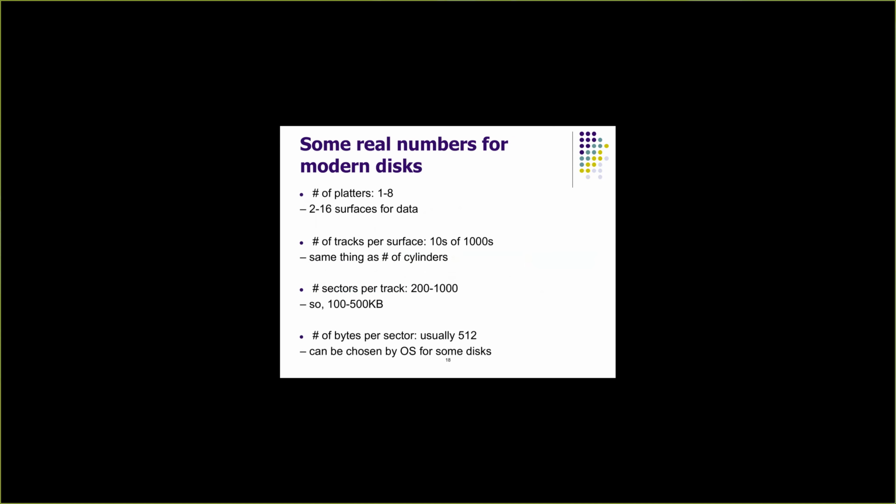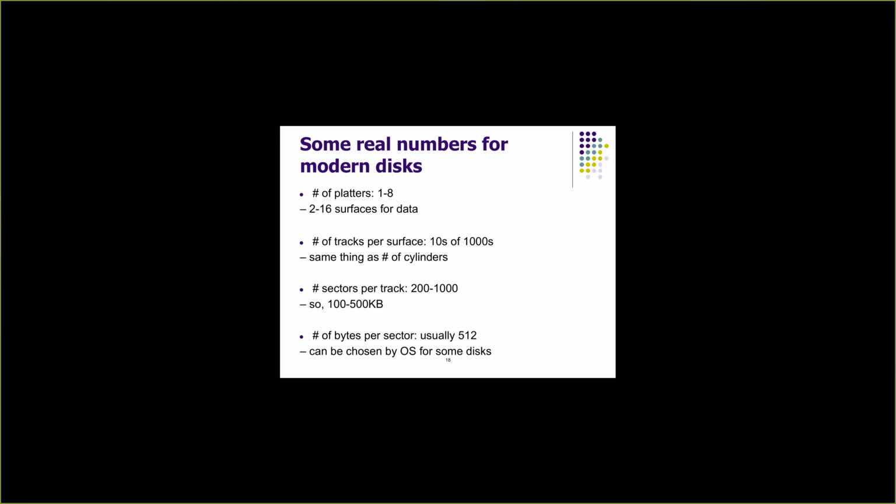So on real disks, there are usually 1 to 8 platters. Each platter has two surfaces, so there are 2 to 16 surfaces for data. And there are usually 10 to 1,000 tracks per surface. Of course, there will be the same number of cylinders, because the same track of all the platters forms a cylinder.